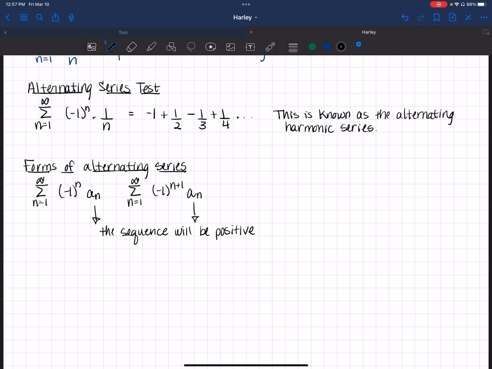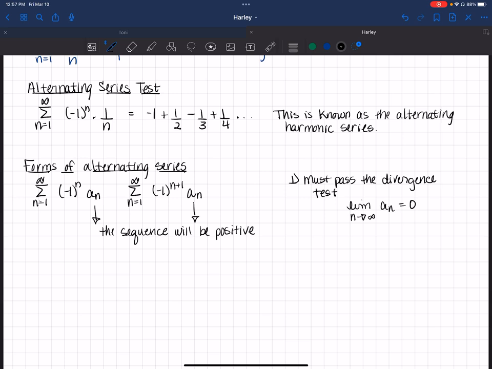So number 1, it must pass the divergence test, which is the limit as n approaches infinity of a sub n equals 0. It can't equal 1/3.